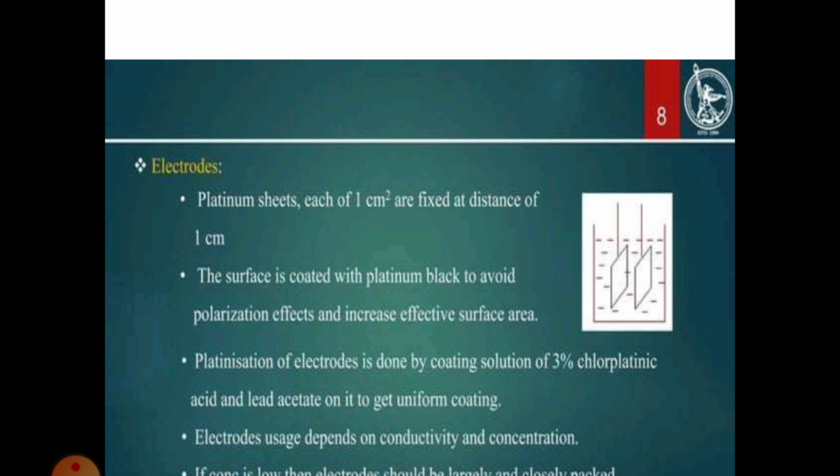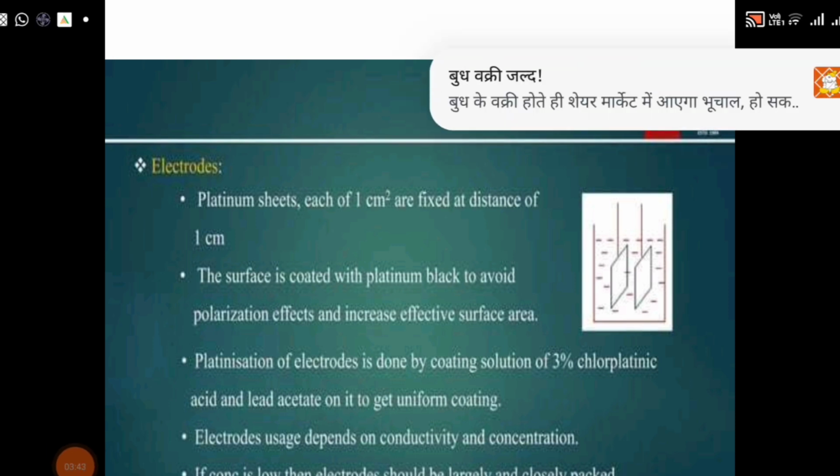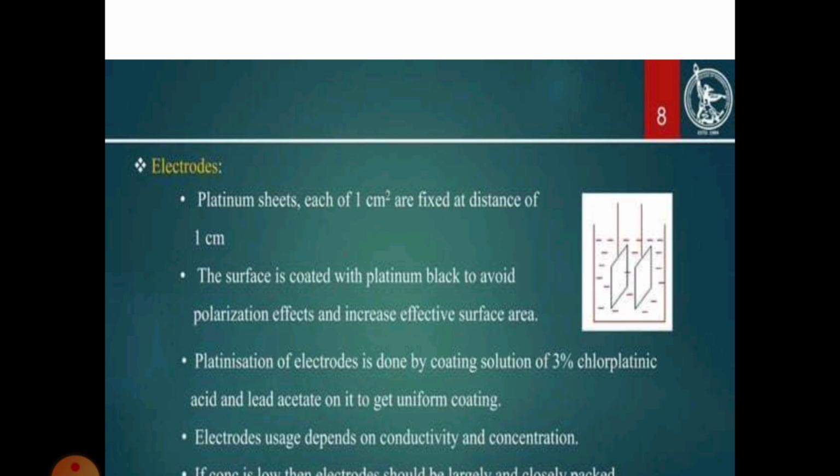The platinization of the electrode is done by coating it with a solution of 3% chloroplatinic acid and lead acetate to get a uniform coating. Electrode use depends on the conductivity and concentration.